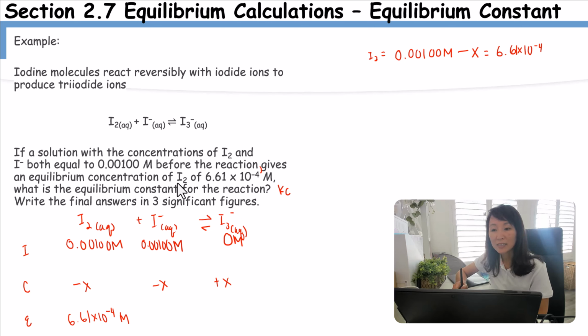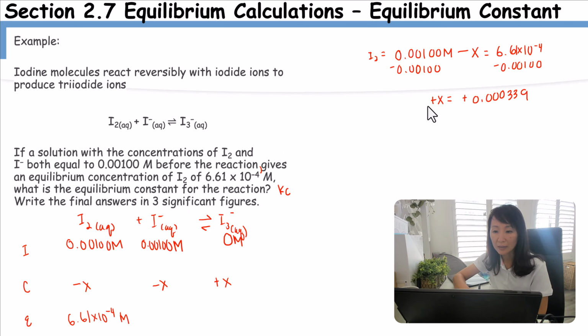Based on this, we can definitely solve for X. You subtract on both sides, and you'll get negative X is equal to, if you punch this into the calculator, negative 0.000339. Then we get rid of the two negatives here. So we know that X is equal to this particular number. So we know the concentration change.